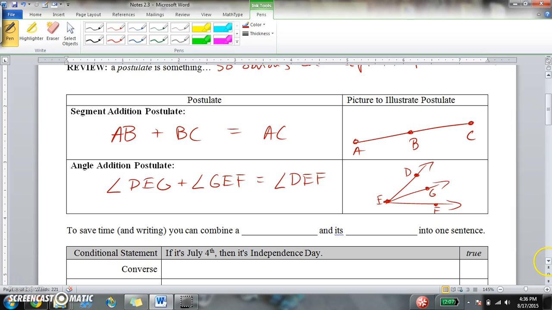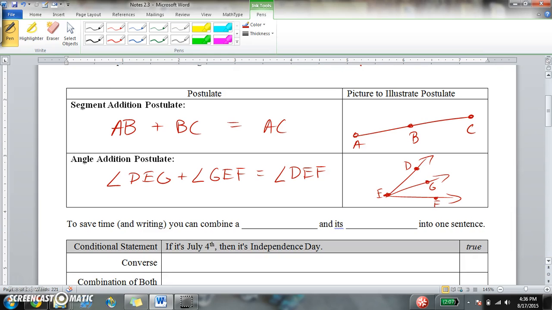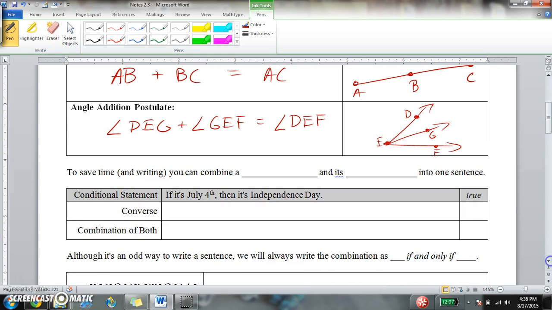So postulates are something that we can write as what is called a biconditional. So what is that? To save time and writing, so the last section was a lot of writing, we can combine a conditional, which is an if-then statement, and its converse into just one sentence.